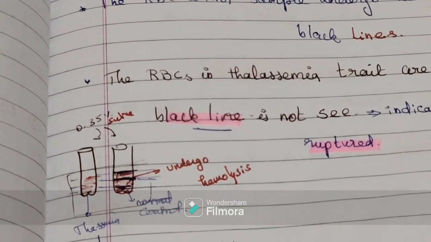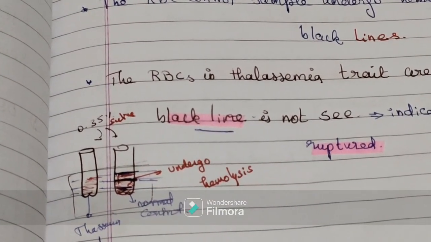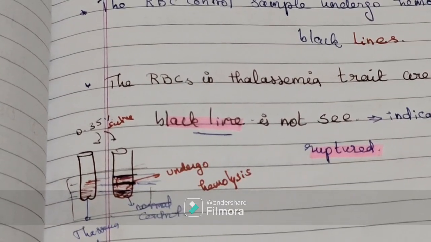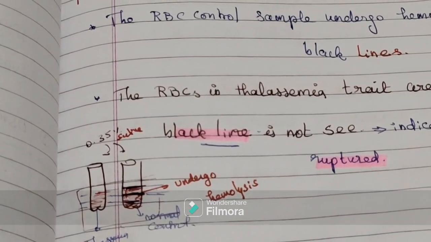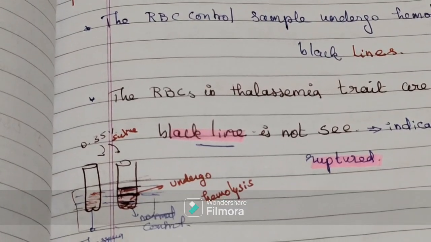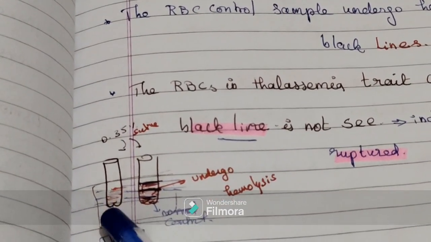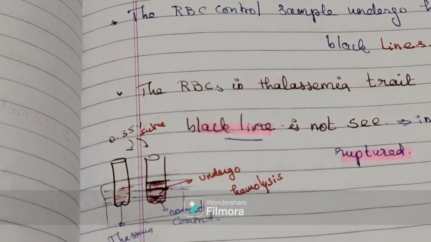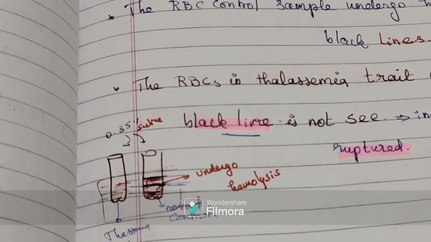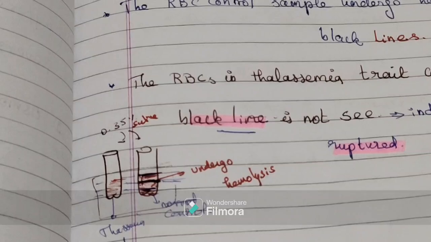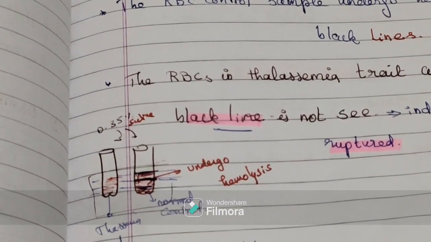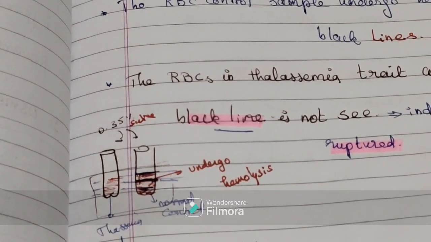The healthy individual's RBCs will all undergo hemolysis, but the thalassemia RBCs will not undergo hemolysis because their osmotic fragility is reduced. So at 0.35 percent saline, they will not rupture.